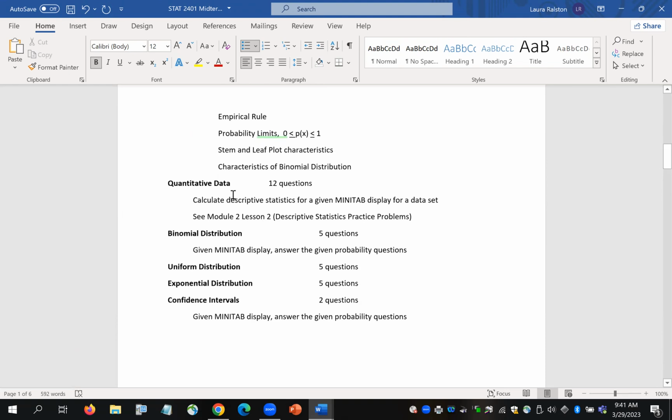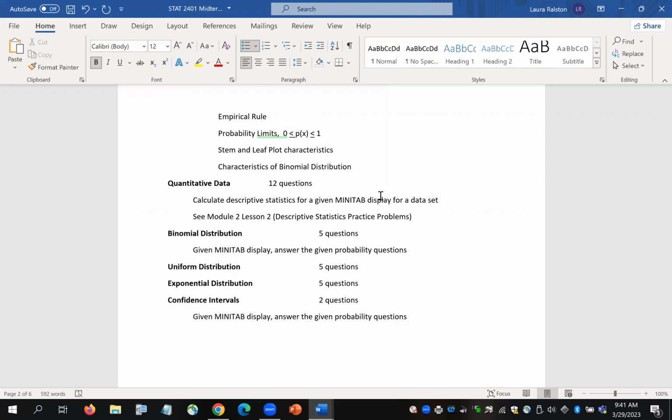There is a quantitative data problem where you have to calculate the descriptive statistics: mean, median, mode, range, standard deviation, variance, quartile 1, quartile 3, the interquartile range.